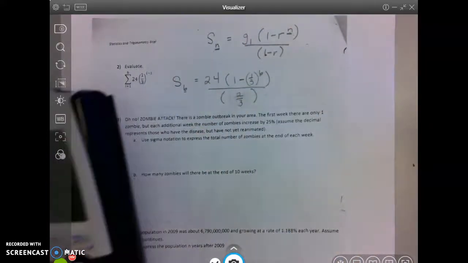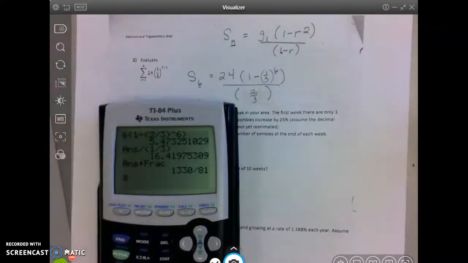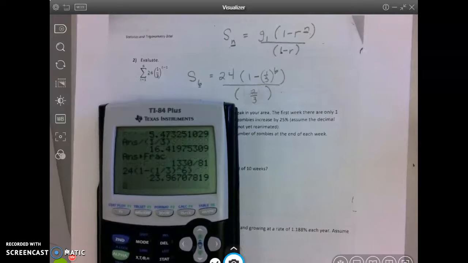And this is the point at which I get out my calculator. I'm going to do 24, parentheses 1 minus, I have to protect that 1/3 with parentheses to show that that's what I'm raising to the 6th power. And then I divide that by, in parentheses, 2/3.